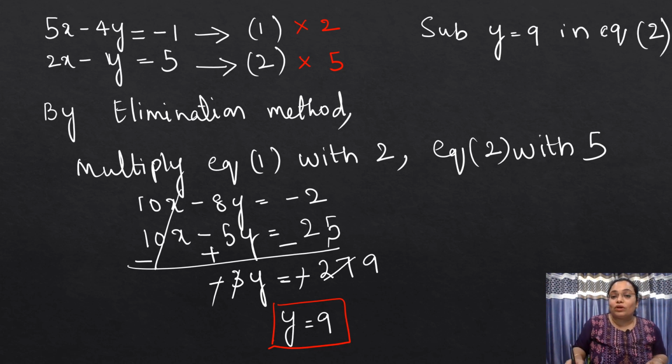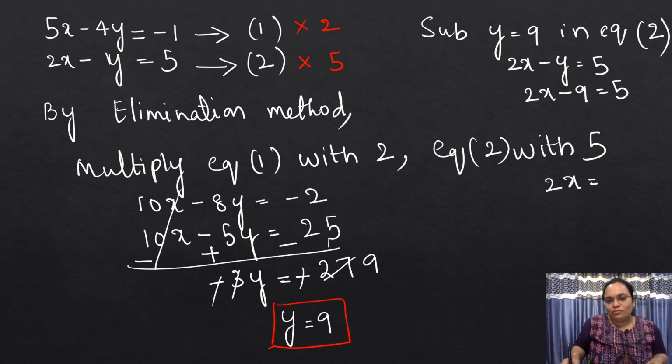What is equation 2? That is 2x minus y equals 5, which is 2x minus 9 equals 5. 2x equals 5 plus 9. 2x equals 14. 2 ones, 2 sevens. So x equals 7.